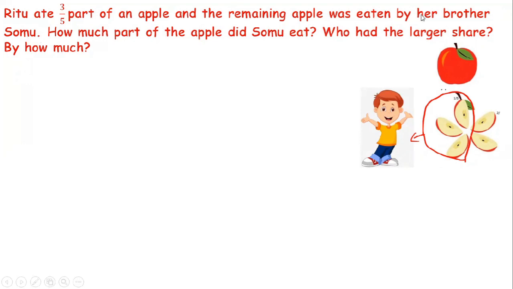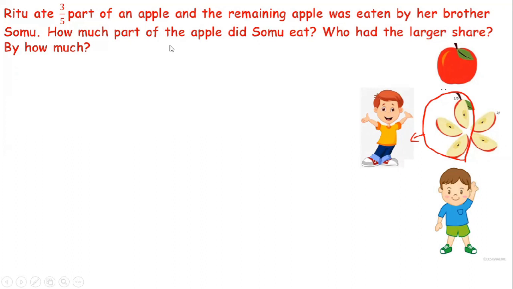Now how much part of the apple did Somu eat? You can see here Somu ate this much part. This is 2 parts out of 5 equal parts. So you can see here 2/5.